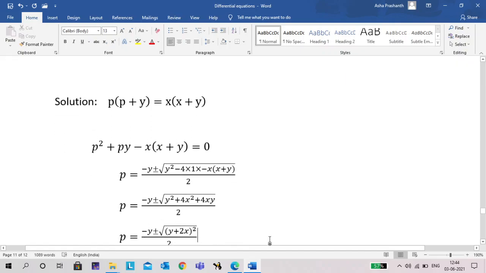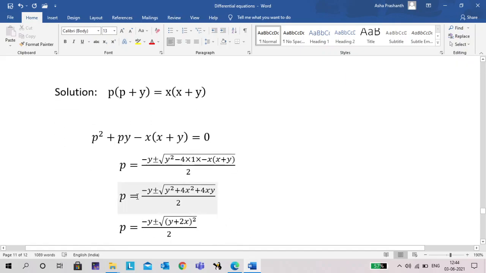Clear? Okay. Then you can simplify this: p is equal to minus y plus or minus square root of y square plus 4x square plus 4xy. So this can be written as y plus 2x the whole square, right? So the square and square root get cancelled.